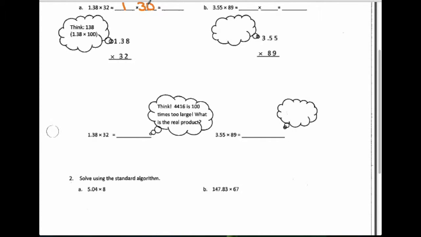One times 30 equals 30. Now I solve using standard algorithm.